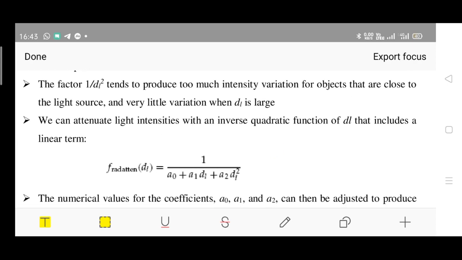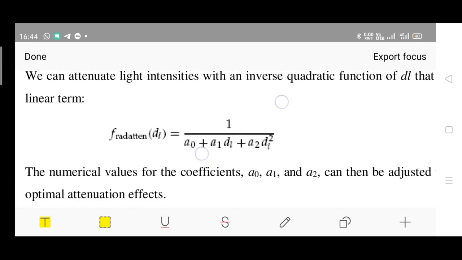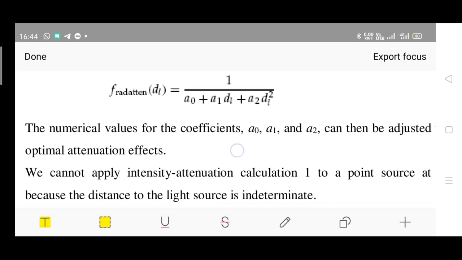So the radial intensity attenuation function f_radatten can be represented as 1 divided by a0 plus a1 d1 plus a2 d1 squared, where a0, a1, a2 are coefficients, numerical values, that can be adjusted to set the attenuation of the intensity.